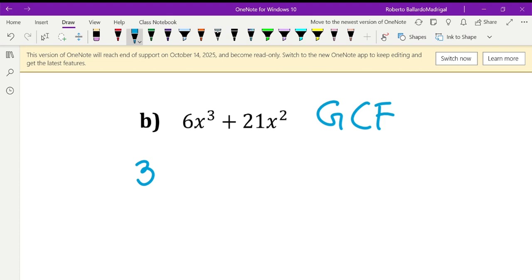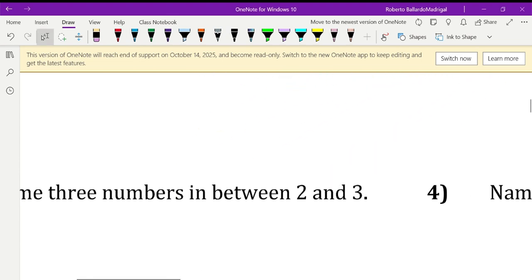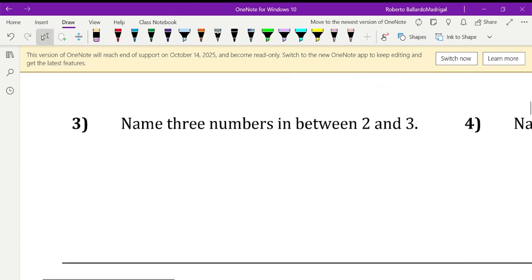Our GCF is 3x squared, and that'll leave us with 2x plus, what is this? 2x plus 7. Okay? And that is the final answer. Are there any questions on 1 and 2? Great. Then let's jump to numbers 3 and 4.